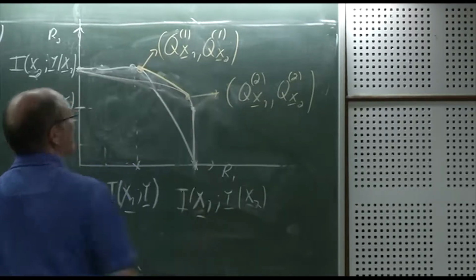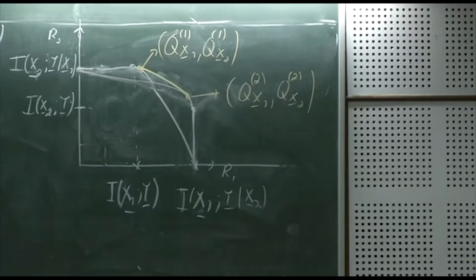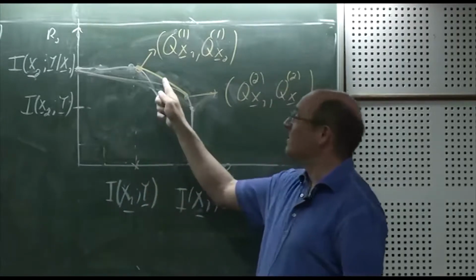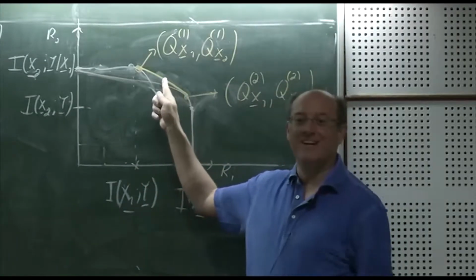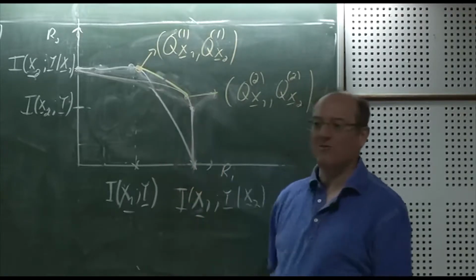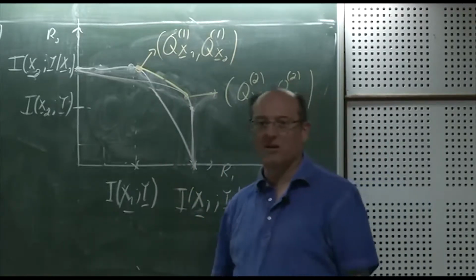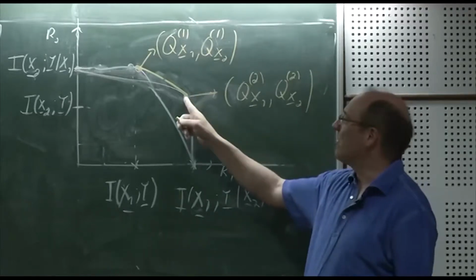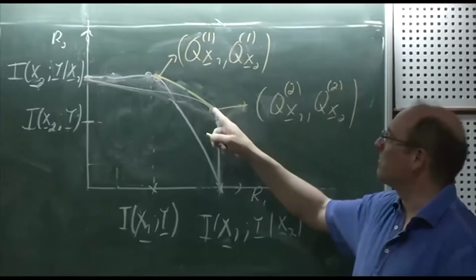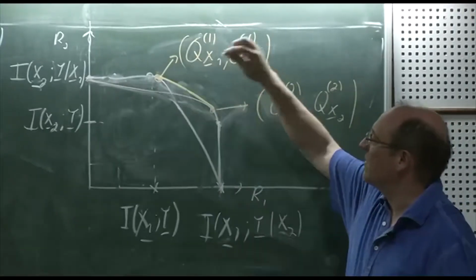That's the point where you want to operate, and unfortunately it requires time sharing to operate there, because there is no pair of covariance matrices that actually operates there. It doesn't exist. So we do have to resort to some time sharing to get the maximum rate. Or alternatively, of course, we could just operate at some point all the time or something like that. It's still the maximum sum rate, but it may not be the fair rate that we're looking for.